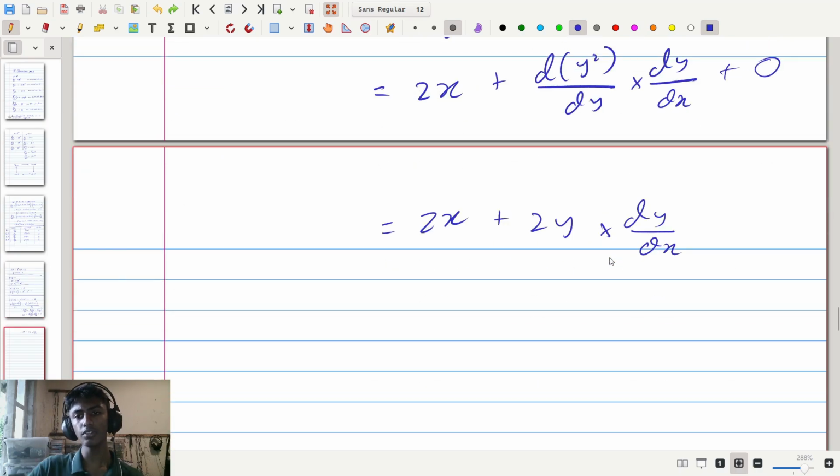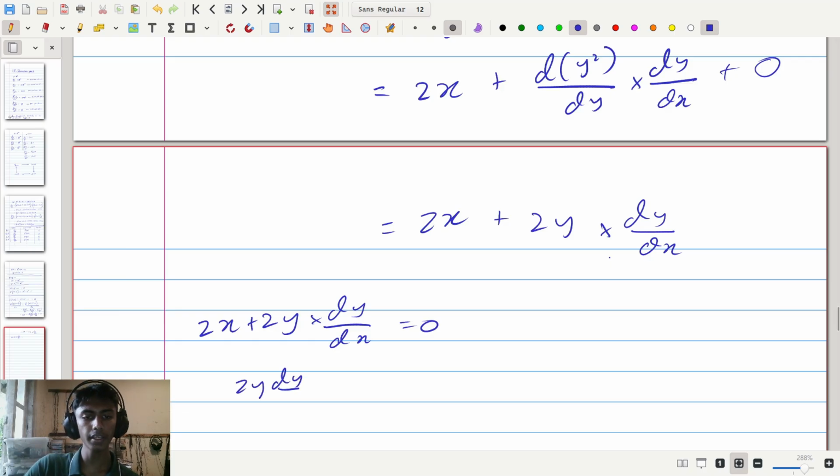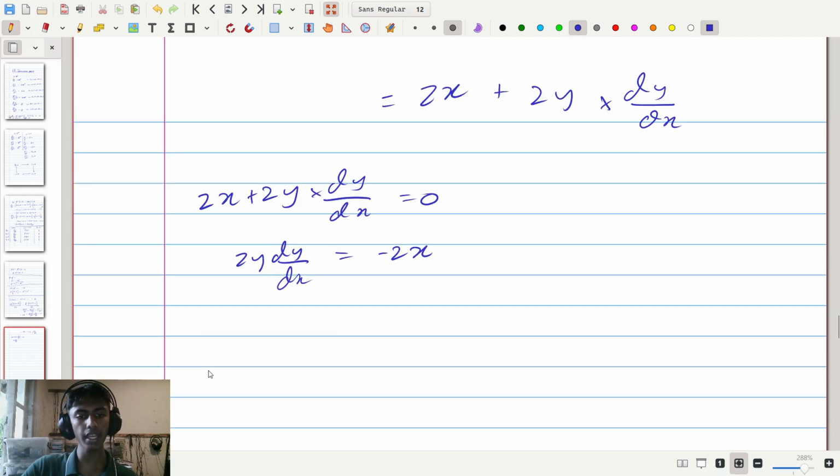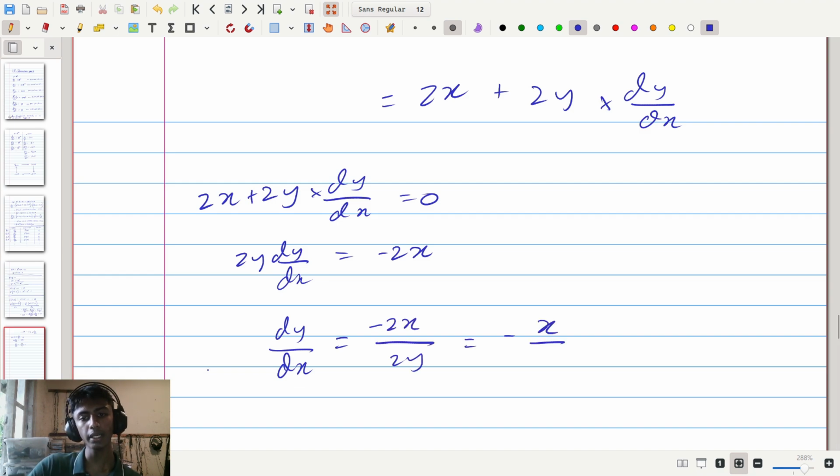Given that, 2x plus 2y times dy by dx must be equal to 0, meaning that 2y dy by dx is equal to negative 2x. Dividing out, dy by dx is equal to negative 2x divided by 2y, which is negative x divided by y. Therefore, this right here is our derivative of y relative to x.